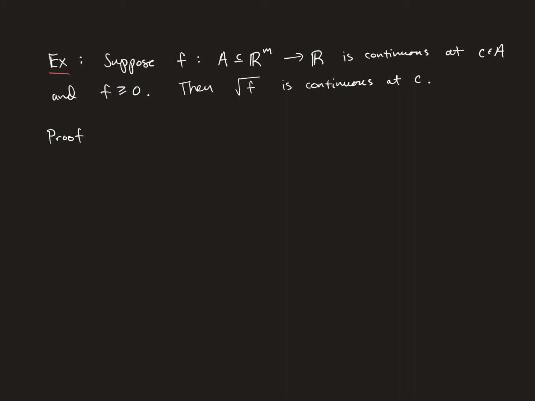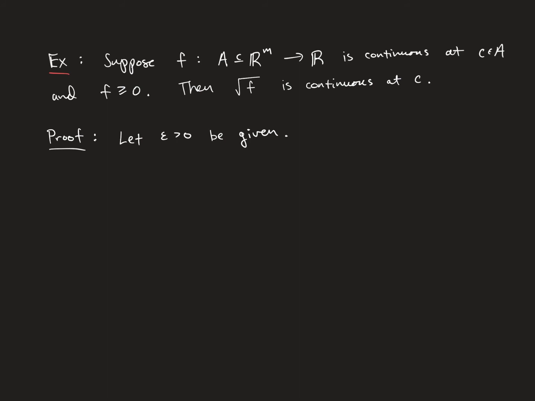There's probably another kind of argument you could make here. You can probably make some kind of sequential argument, but I'm going to go straight from the definition. So let epsilon greater than 0 be given, and we have to find a delta in response to this.